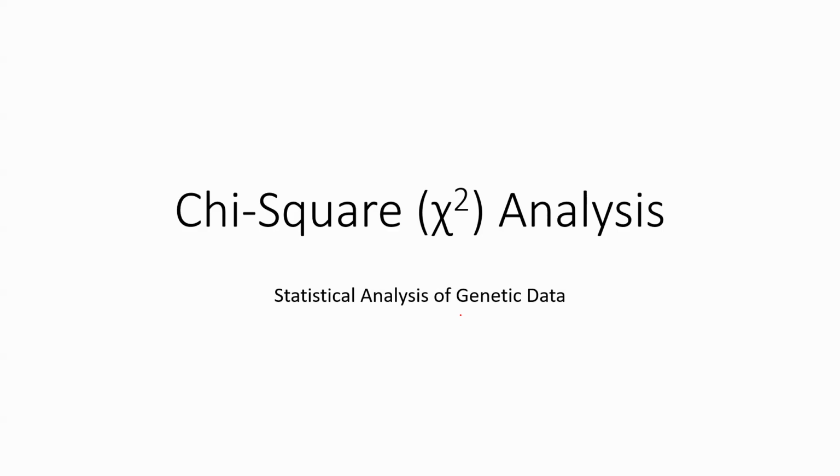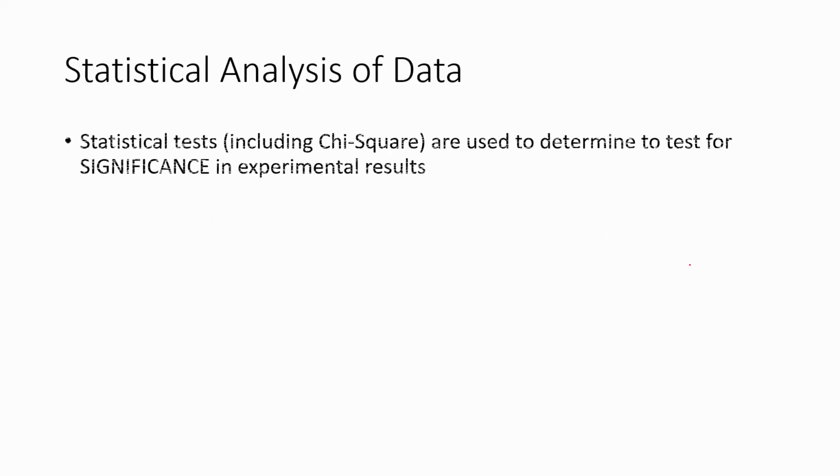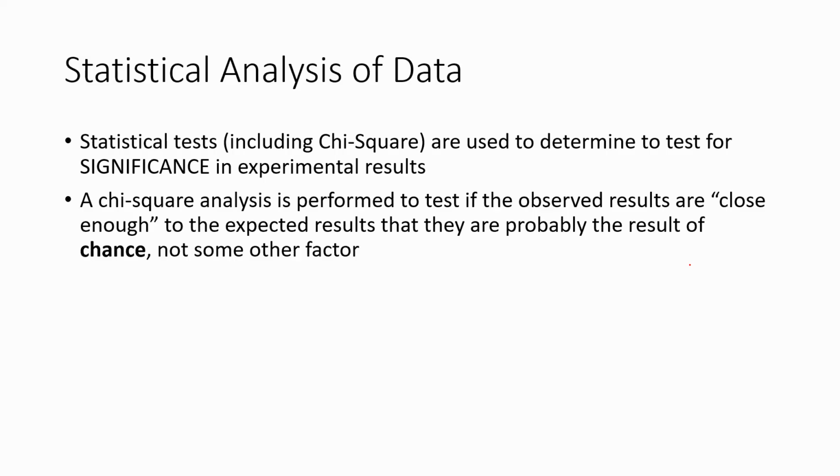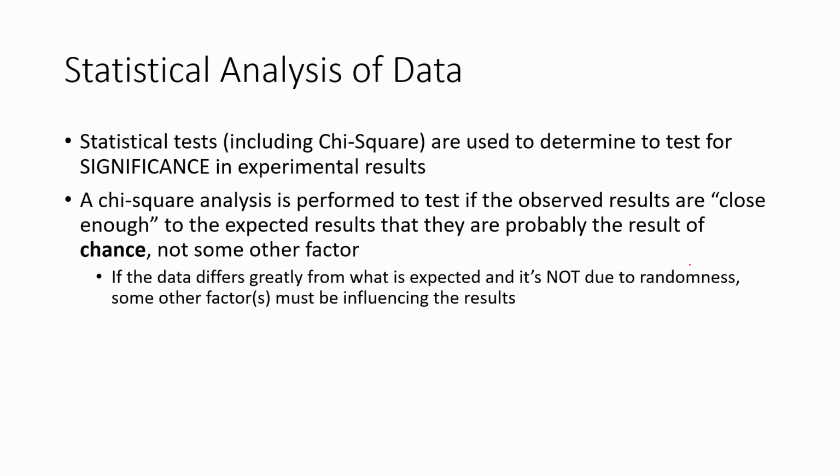All right, moving on. So, chi-square test. You all said you haven't done chi-square test yet, okay? So let's go through the chi-square test to make sure we're all on the same page here. The chi-square test is going to be one of the first tests you will learn how to do in statistics. As I said, it's a statistical test, including chi-square, used to test for significance of experimental results.